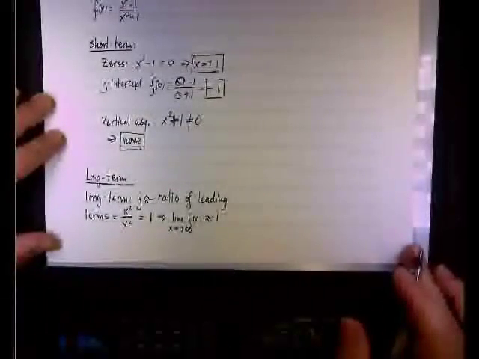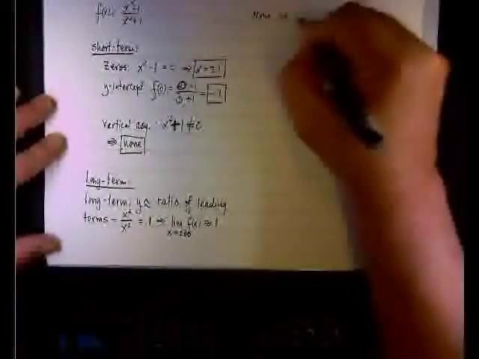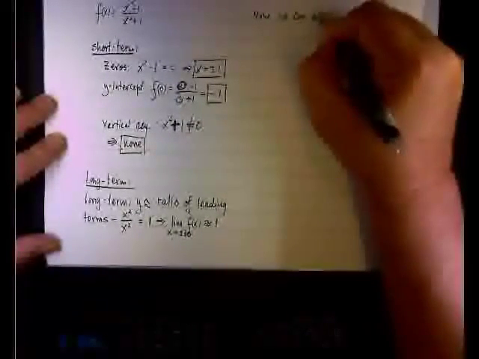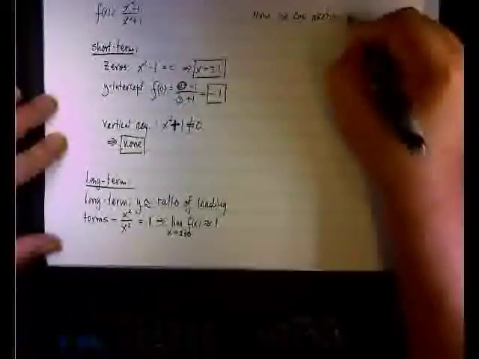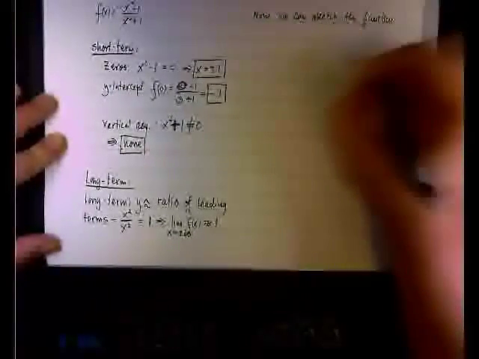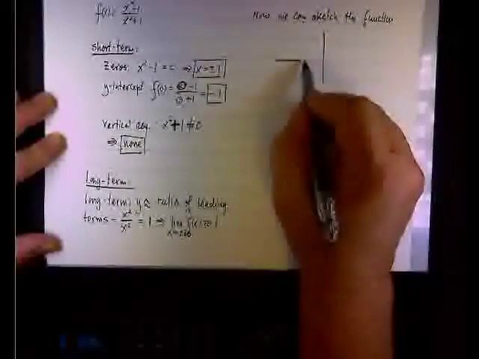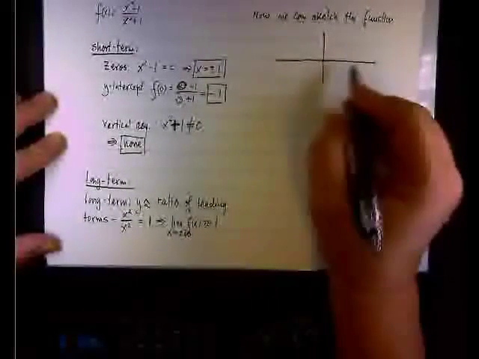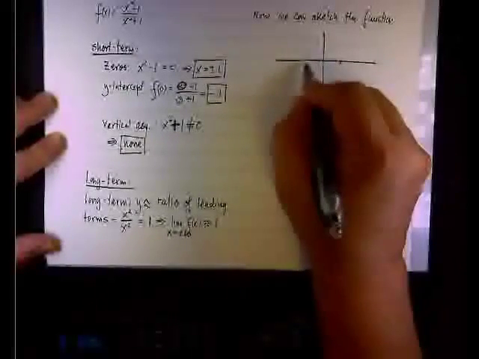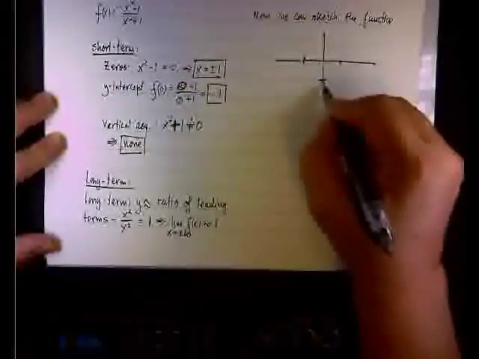Okay, so now we can sketch the function. And let's see what we learned. We learned that this function has zeros at 1 and negative 1, right? It has a y-intercept at negative 1.